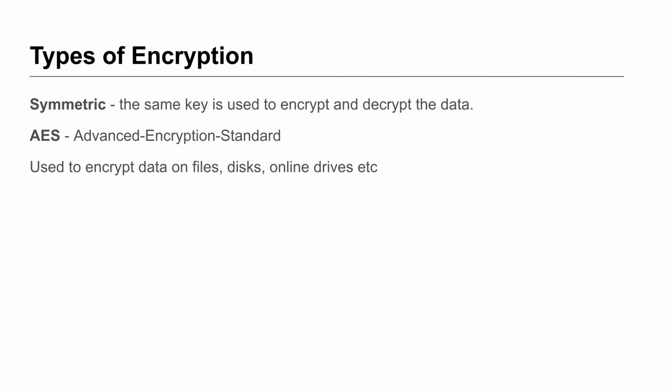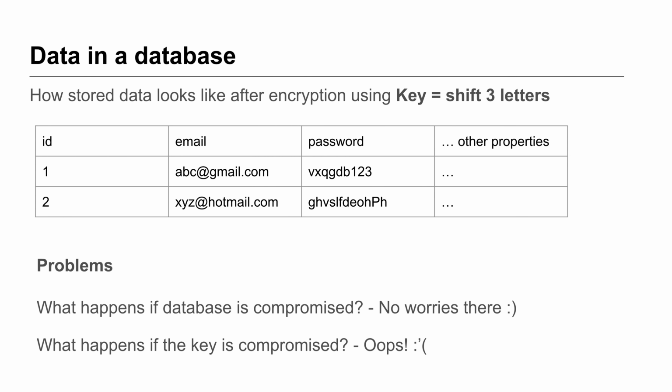Okay, then. Now, let's learn about the types of encryption. I know you're wondering what is the use of having such a password, but bear with me, we'll reach there soon. Now, symmetric. The same key is used to encrypt and decrypt the data. If you see the previous slide, here we can get the old password by shifting the existing password, that means the ciphertext, back three letters.